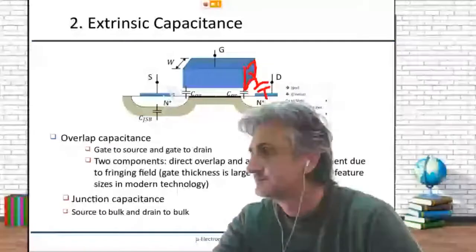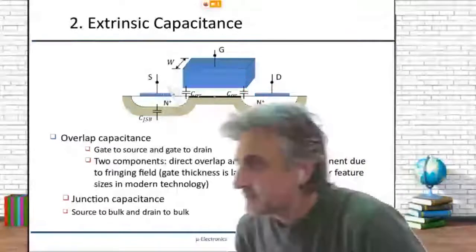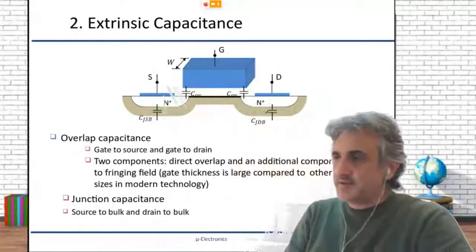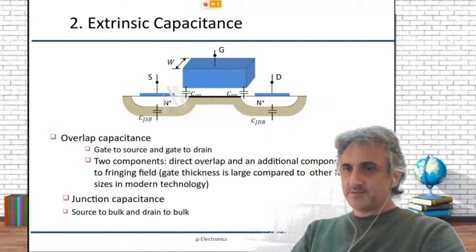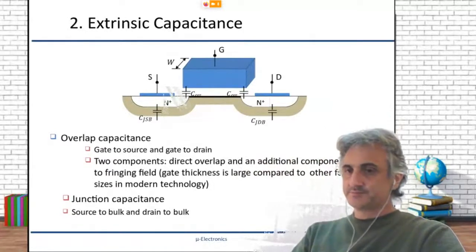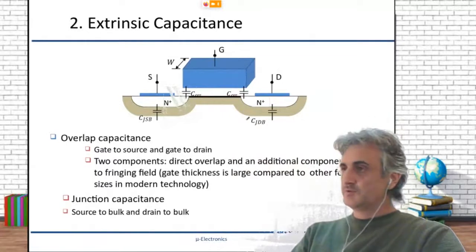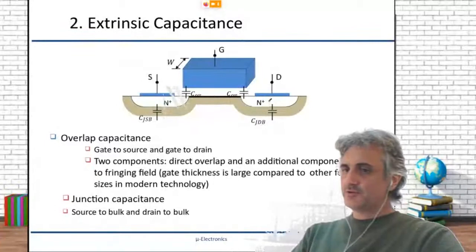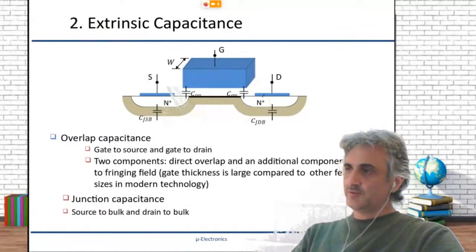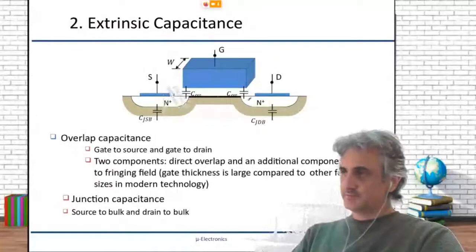So now you understand that here we have the P-type region, which is the substrate, and we also have the N-type regions, which are the source and the drain.